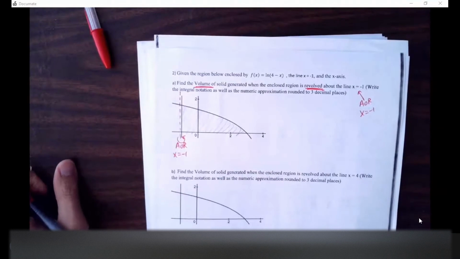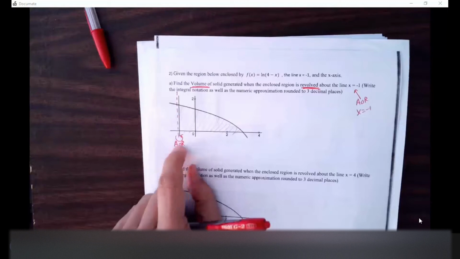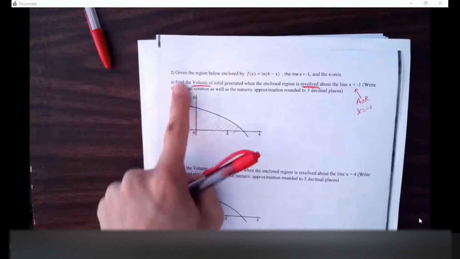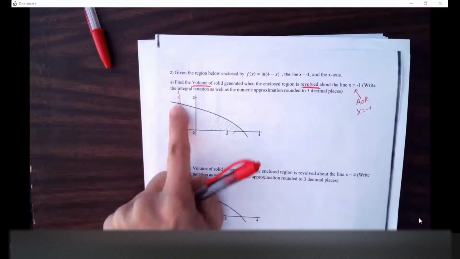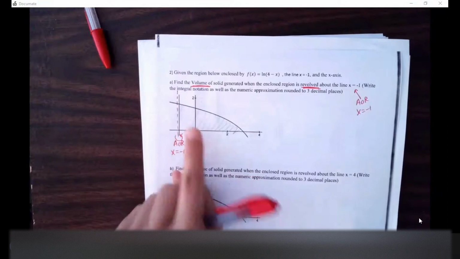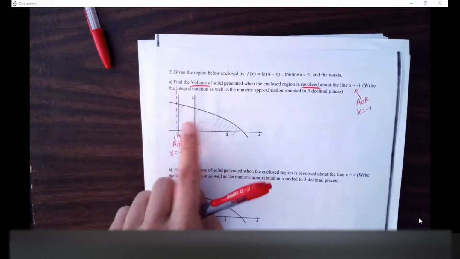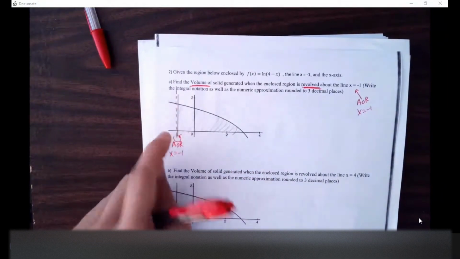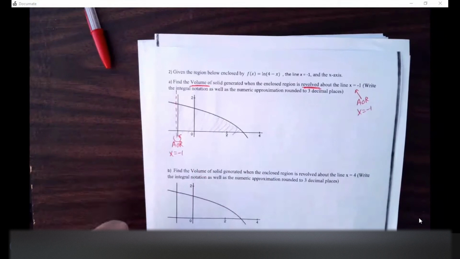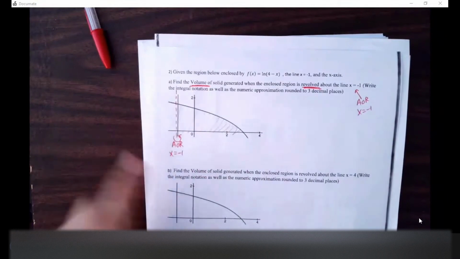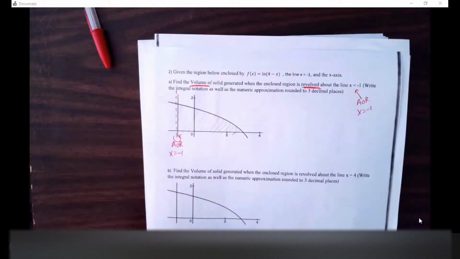Disk or washer method? Disk. Yeah, this method's right up against that flat surface. We don't see an inch of space between, and that means there's no need for a second radius, no need to subtract any gaps or holes after the rotation occurs. All we need is one radius.